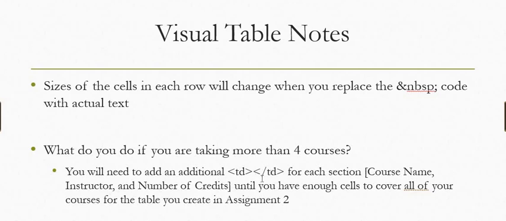If you're only taking 3 courses, 2 courses, or 1 course, you would have less than the 4 specific table data cells, table column cells tags that you have previously been provided. These can be edited out of the previous slides that you might copy into your HTML document to create your assignment 2 HTML page.